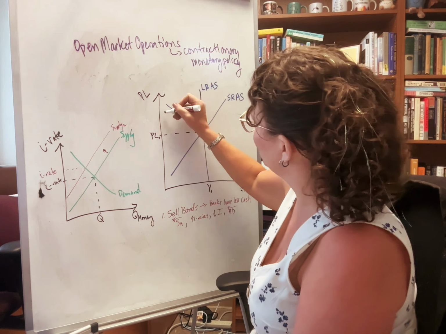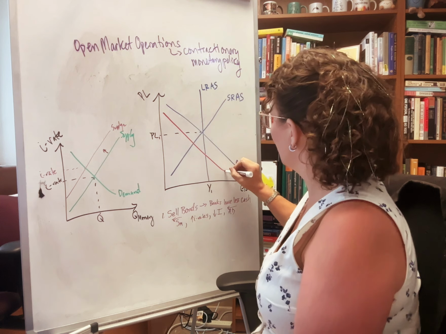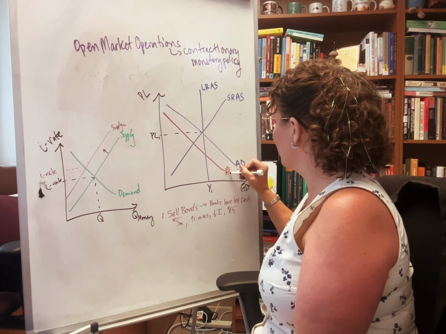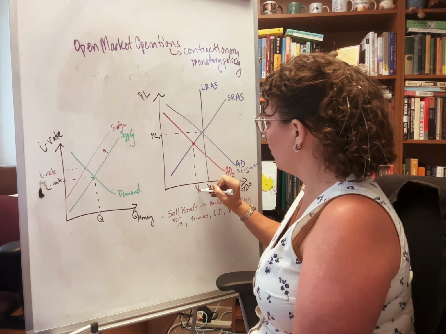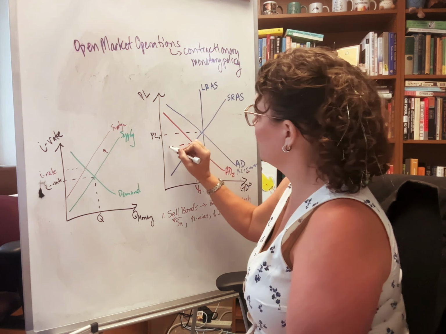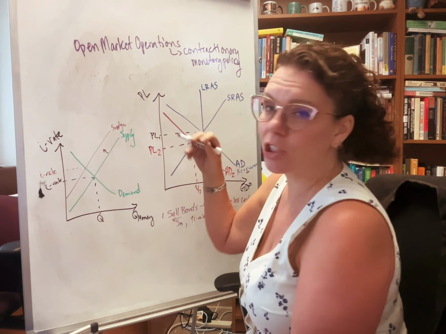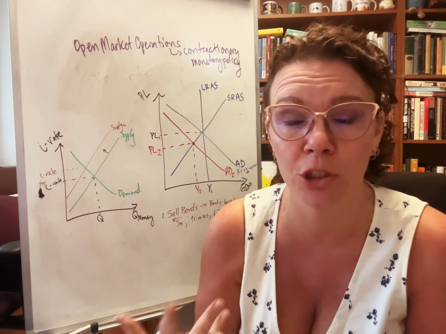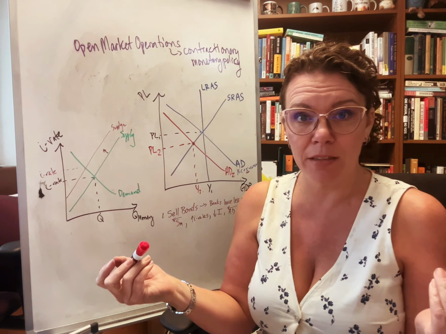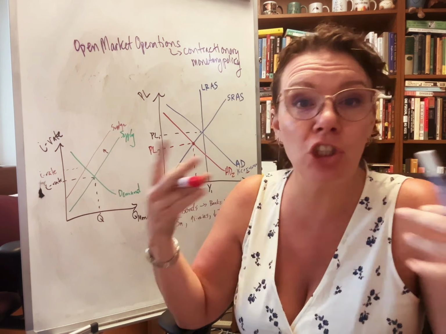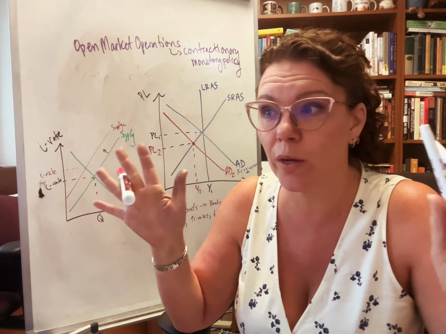Aggregate demand is going to shrink because borrowing has gotten more expensive, and that's going to mean a lower level of output, a lower price level, which is good because our goal was to reduce inflation, and it's going to mean higher unemployment. These are the trade-offs, right? There's no silver bullet perfect win.